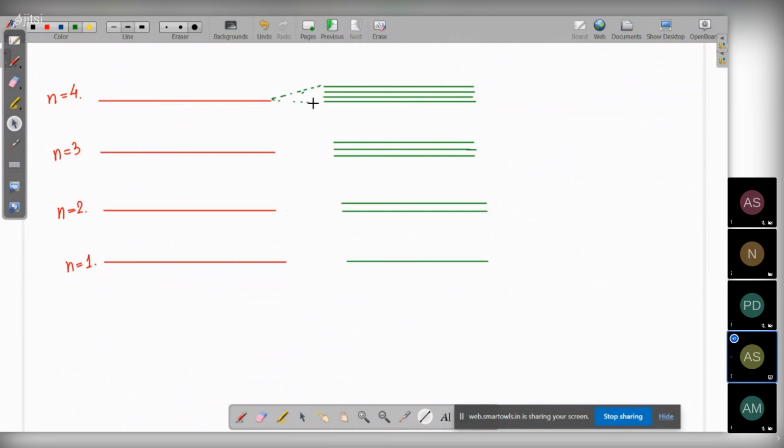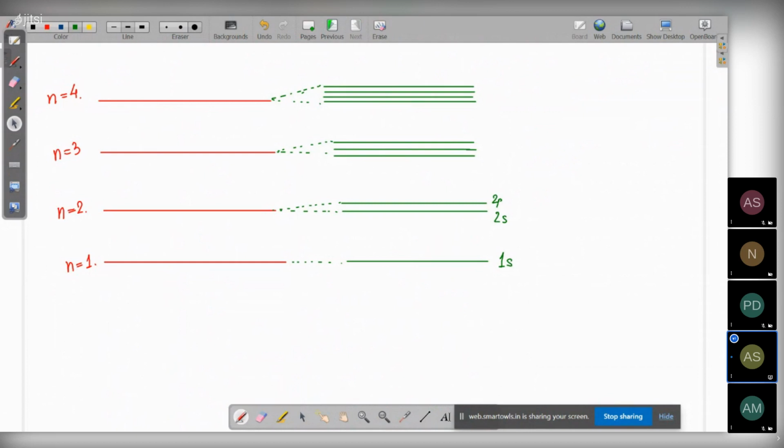Now, understand that each of these orbits is also divided into not just one line, but they have different subshells inside them. So this is your 1s, this is your 2s, 2p. Inside the second orbit, you have 2s and 2p.